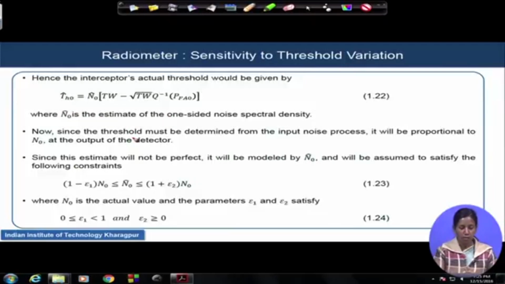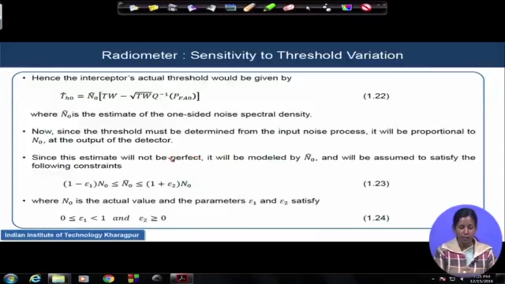Since the threshold must be determined from the input noise process, it will be proportional to N0 also at the output of the detector. The estimate can be close to perfection, but it will never be exactly TH0.